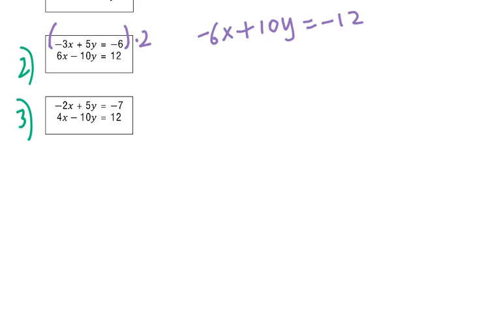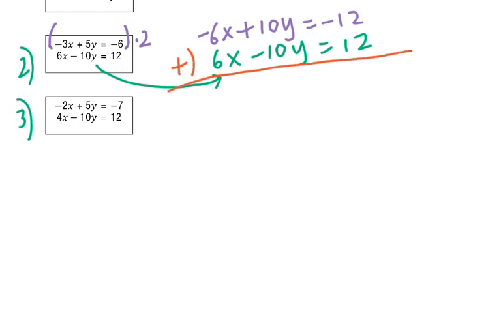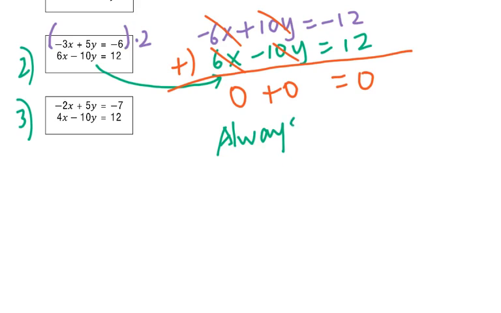And the second equation, I got 6x, I just bring it down here, minus 10y equals 12. Then I add these two together. See, this cancels, I got 0. Then this cancels, I got 0 again. Then equals 0. Since it's always true, because 0 plus 0 equals 0, that's always true.